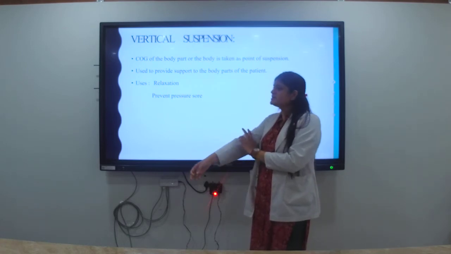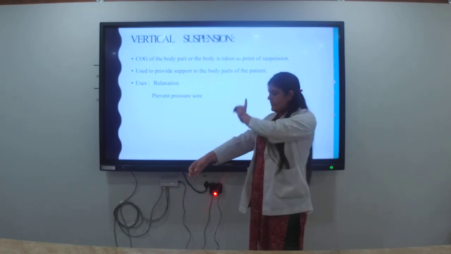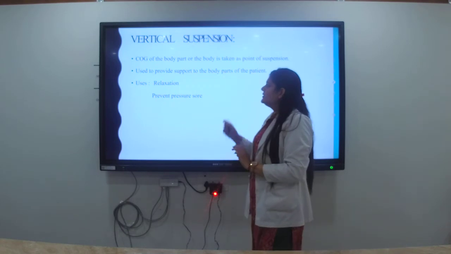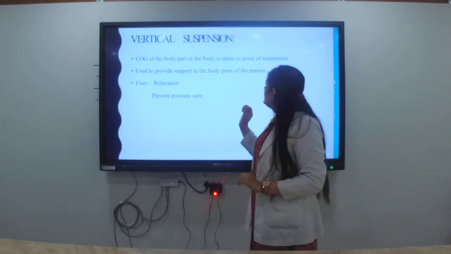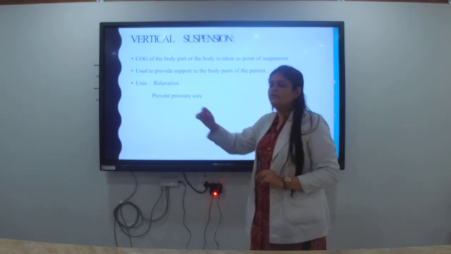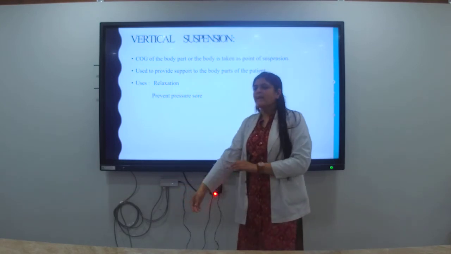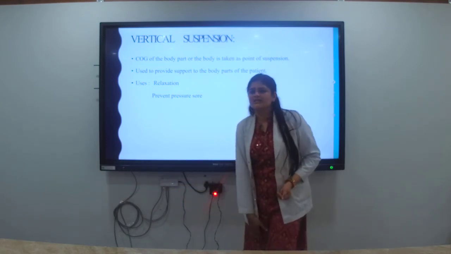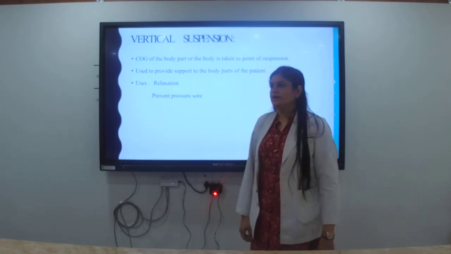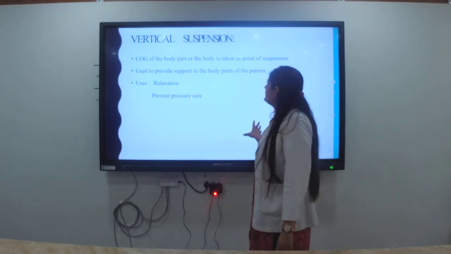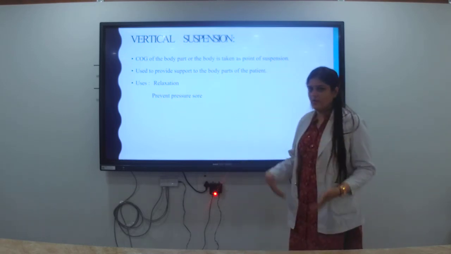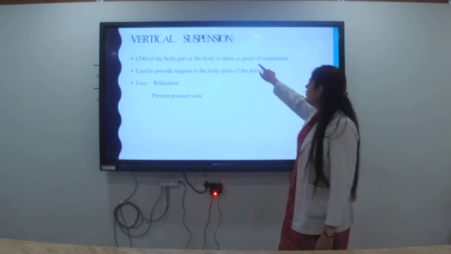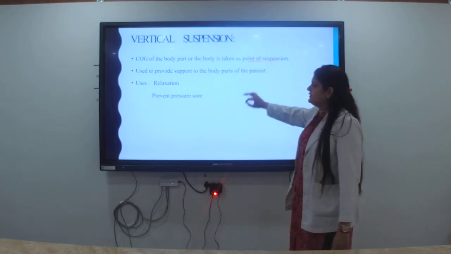So I am just going to suspend directly above the elbow. I will take a vertical lasso and support it right above the elbow if I am talking about the upper limb. If I am talking about the lower limb, it's going to be slightly around the knee joint. So the COG of the body part or the entire body is taken as the point of suspension.